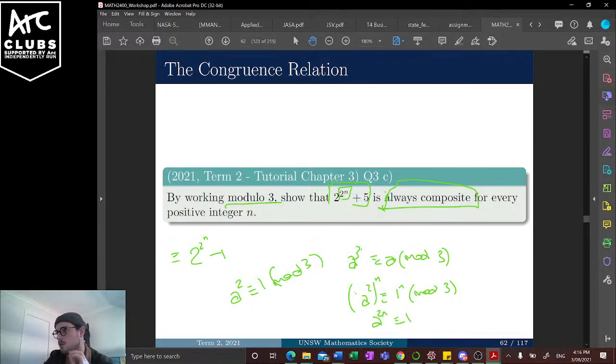So that's how you get it congruent to 0 mod 3. So you use that initial bit of working, and then you rearrange into that form to then apply it. Yeah, I see what you're saying. So this suffices to show that 2 to the n is congruent to 2 mod 3.